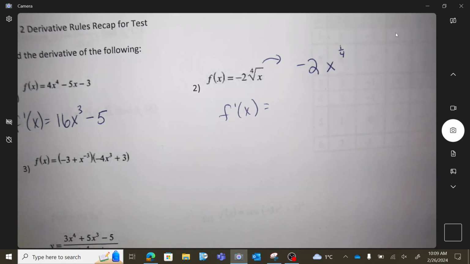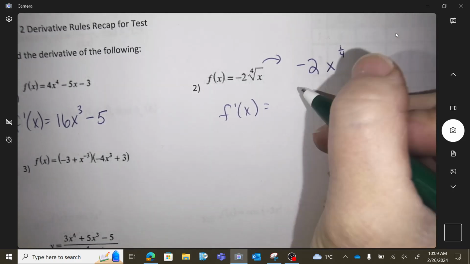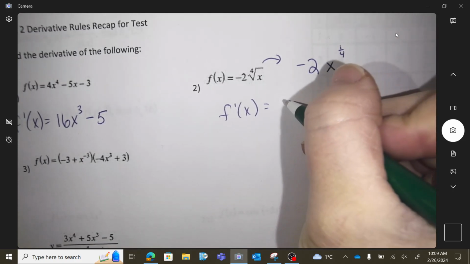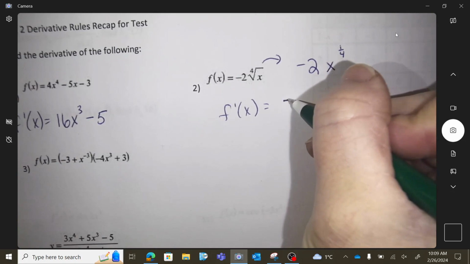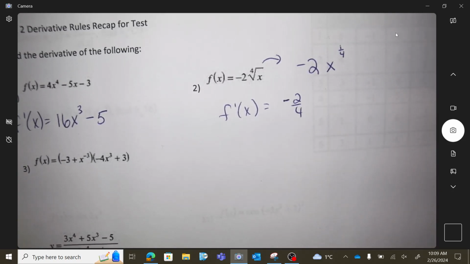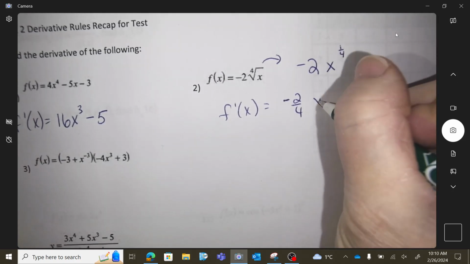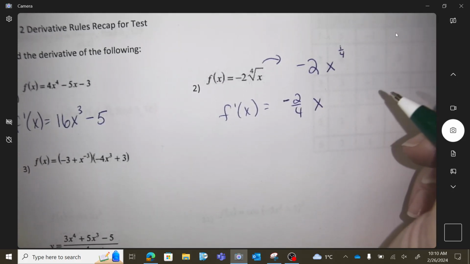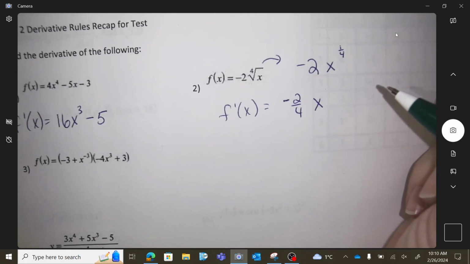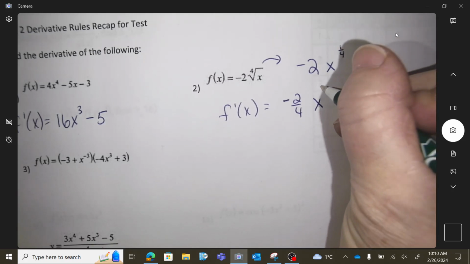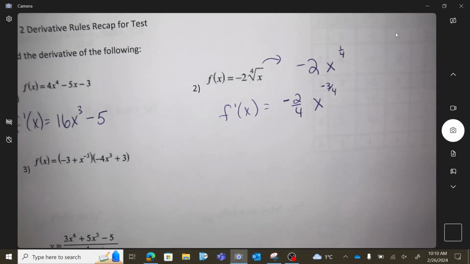Front times top. So negative 2/4 or negative a half. Doesn't matter. I'll just write that, but you can obviously have made it negative a quarter, or negative a half, sorry. 1 less, negative 3/4, yeah.